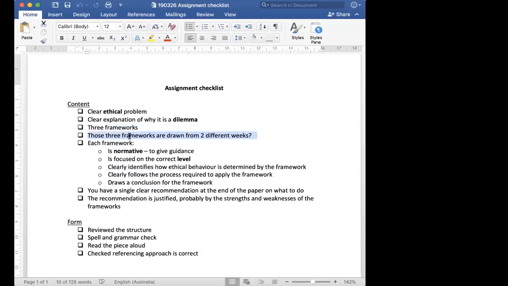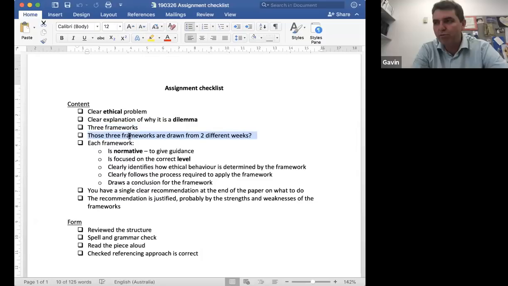Remember that those 3 frameworks should come from 2 different weeks. Okay, so one of the things for you to think about: why are we asking that? To make your life difficult? No. It's to have you focus and see that you can approach ethics from different angles. So in week 2, we discuss ethical acts, and in week 3, we discuss things from the actor perspective.